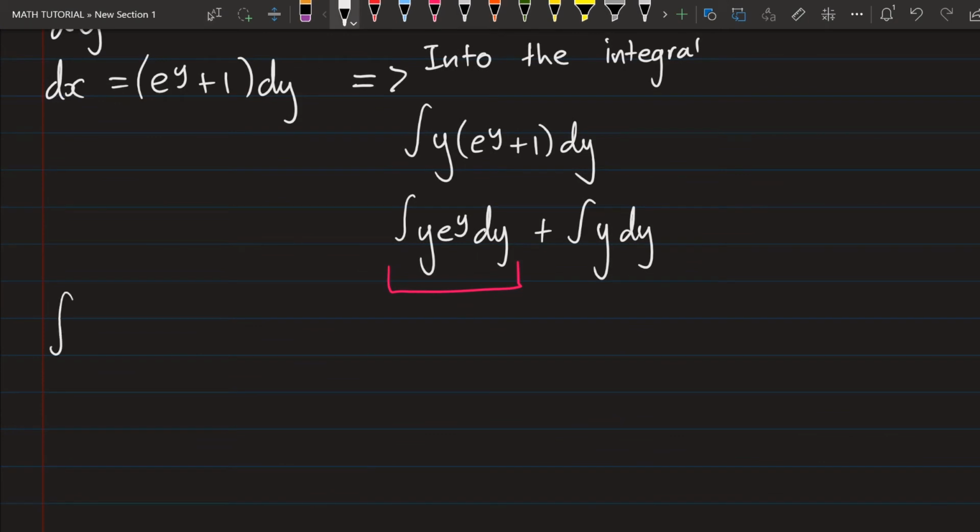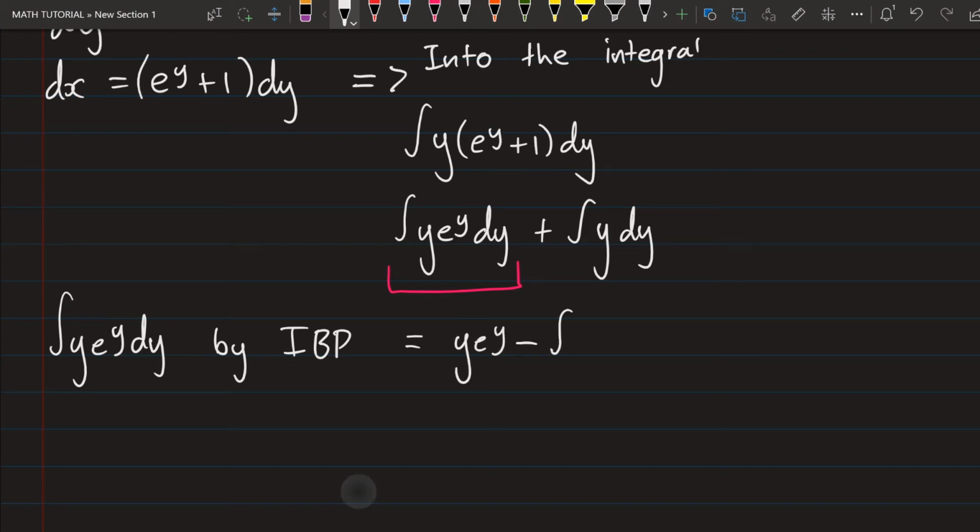So by integration by parts, IBP is equal to the integral of e to the y, so y e to the y, minus the integral of, we'll take the derivative of y, so we derive y and we get 1, so we just get the integral of e to the y dy, and that's just equal to y e to the y minus e to the y.